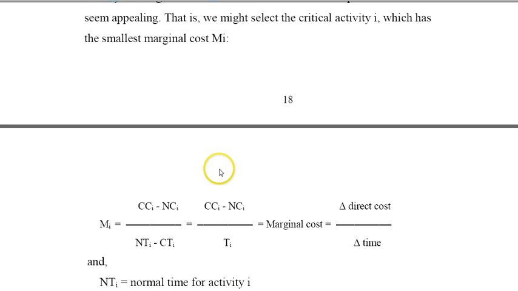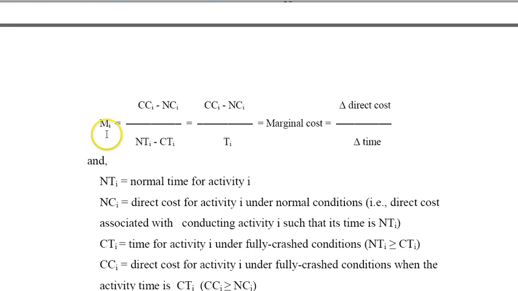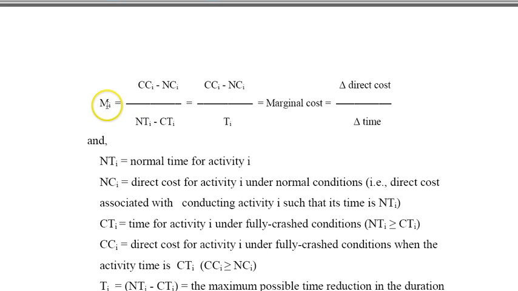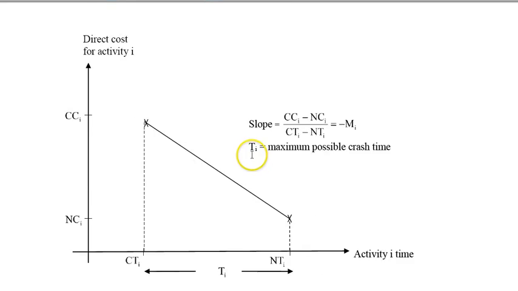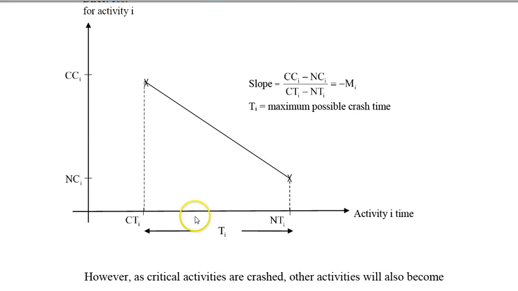What you have here is the details of what I've just described and the definitions. M is the marginal cost. They're just giving you the details of what we had up there. And graphically, this is my normal time.